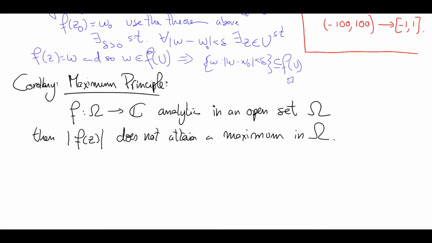Take a second to absorb this, because the first time you think about this, it's kind of surprising. Maybe I should say in a region, because we've always been talking about regions. So let's say in a region, right, so an open connected set.